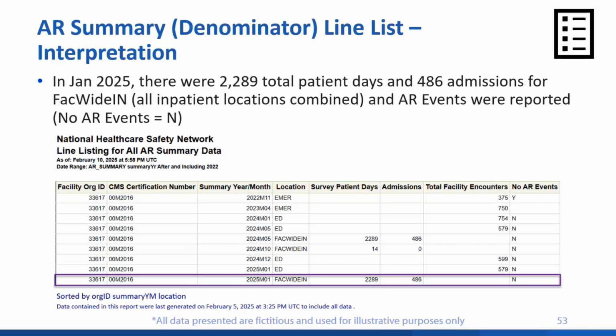So if you look at the no AR events column on the right, no AR events equals no, which means there were AR events reported for some inpatient locations during that month. Please note that the label survey patient days here is incorrect, as this patient days is from the AR summary record, not the annual hospital survey. We have submitted this as a bug to be fixed in a future NHSN release.